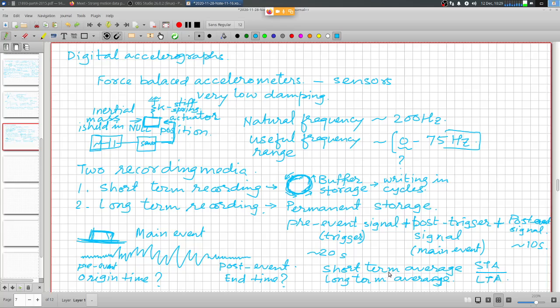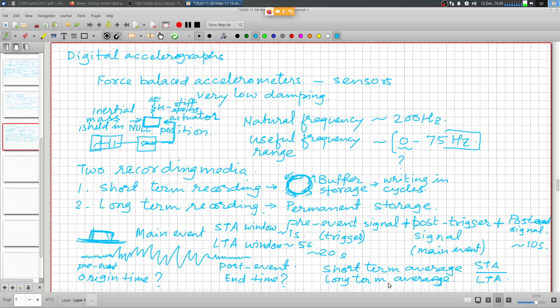So this STA is actually the time window. How much window do I take? So maybe I define the STA window as about 1 second, and let's say the LTA window to be about 5 seconds.